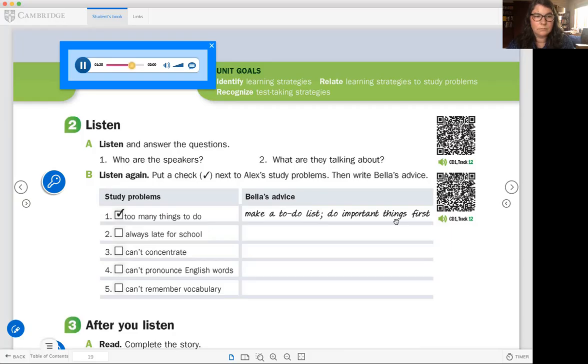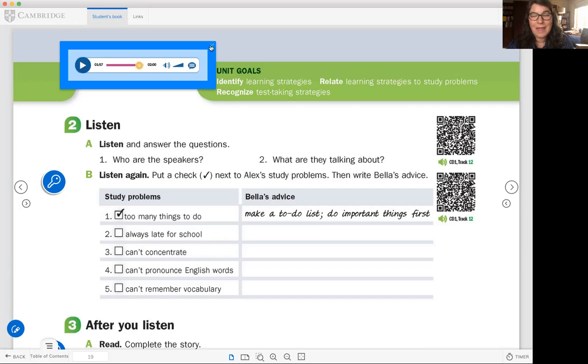What's that? Too many new words. I can't remember all of them. Well, here's an idea. Write important words on index cards. Take the cards with you and study them everywhere. On the bus, during your break at work, and before you go to bed. Okay, I get it. Study smarter, not harder. Thanks, Bella.